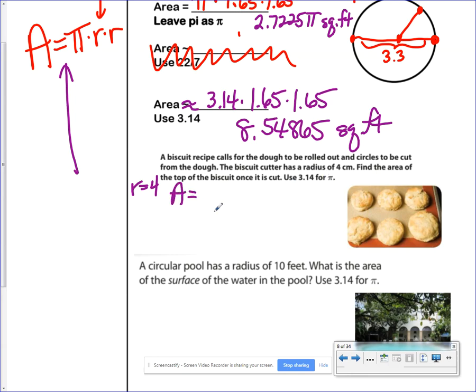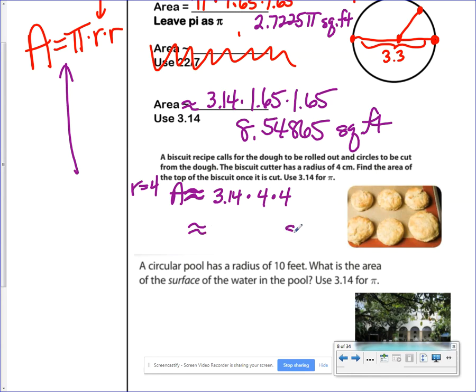So to find area, we are going to use 3.14 for pi. That's why I made this approximately. And we're going to take it times our radius squared, or our radius times the radius, which is 16. Grab your calculator and crank this out.